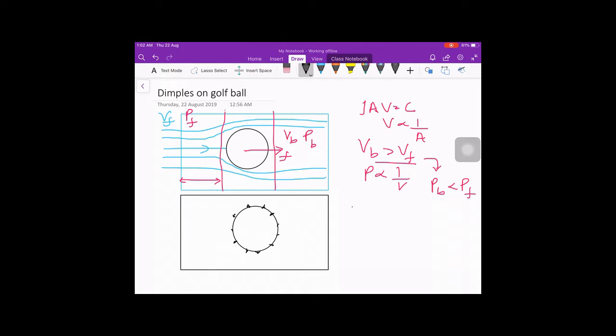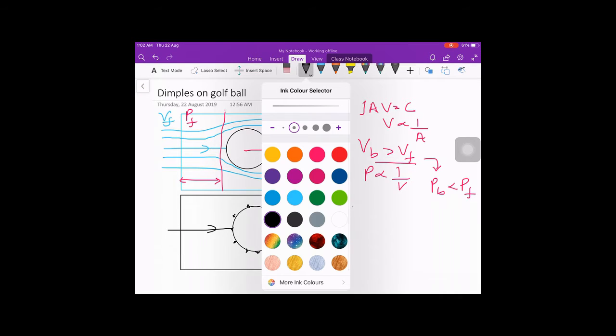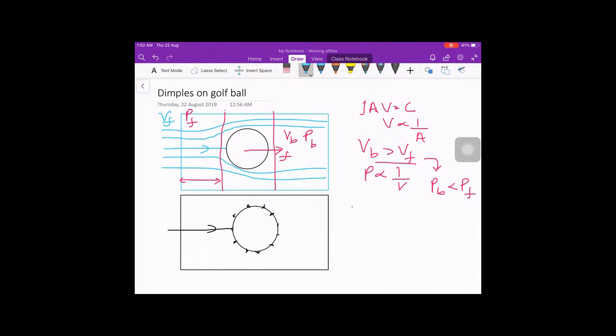As the air flows from the left, here we can see that the air would be much nearer to the surface of the ball as compared to the case of the ball without dimples.